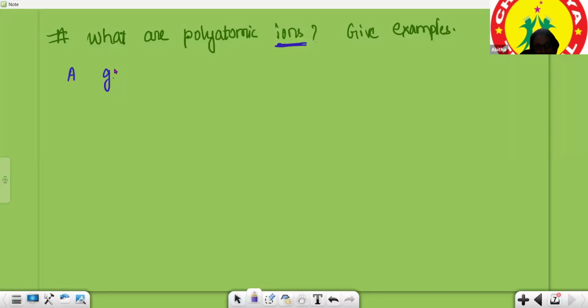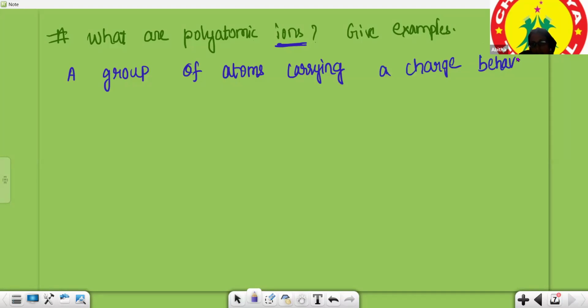A group of atoms carrying a charge, behaving like a single entity. There is a group of atoms, but all together they behave like one entity.